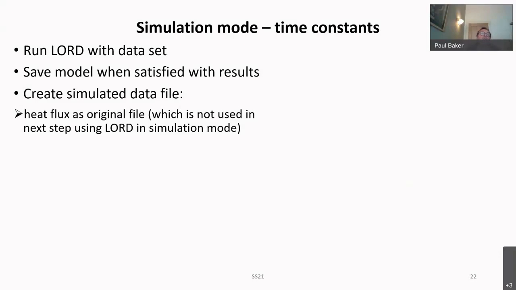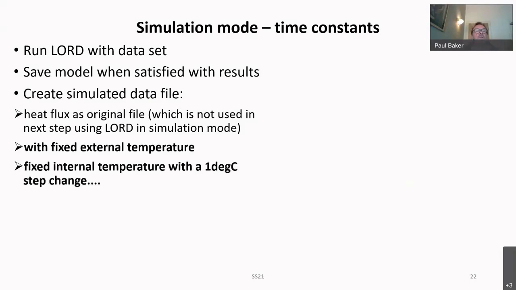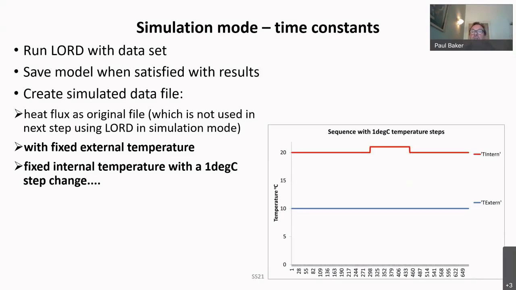So you could use the heat flux from the original file, which is not used in the next step using LORD in simulation mode. You create a fixed external temperature and a fixed internal temperature with a 1 degree step change. So the actual data series looks like that for the two temperatures with step change in the internal temperature.